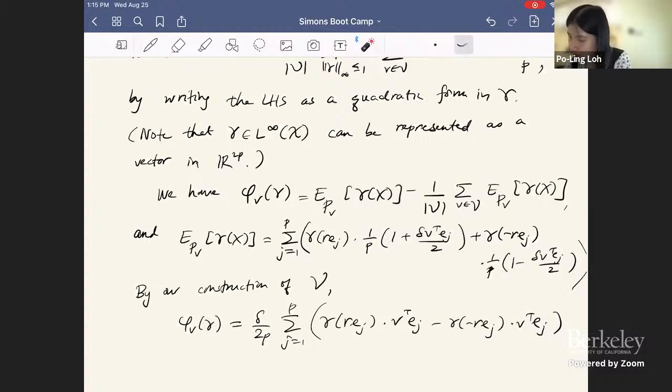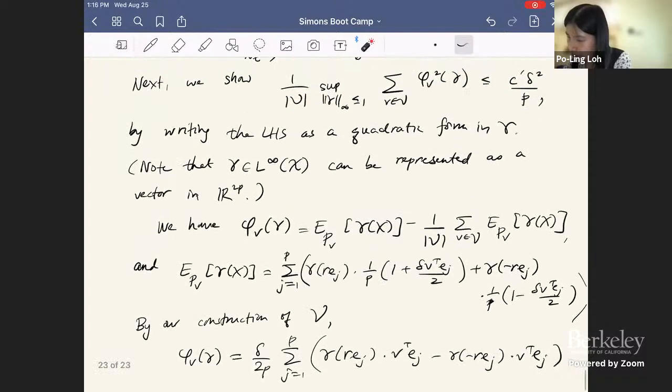My claim was that we can transform this sum of squares into a quadratic form in gamma. So what we would really like is to write phi_v of gamma as gamma transpose times something, an inner product of gamma and something else. We write down what the first quantity is, and we have something that looks almost like an inner product of gamma and something.